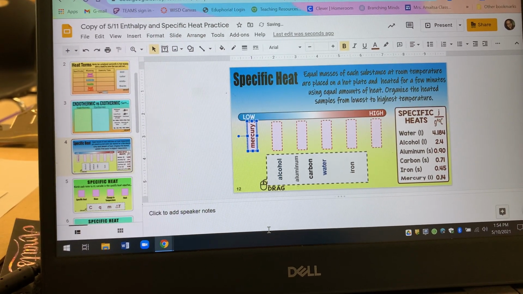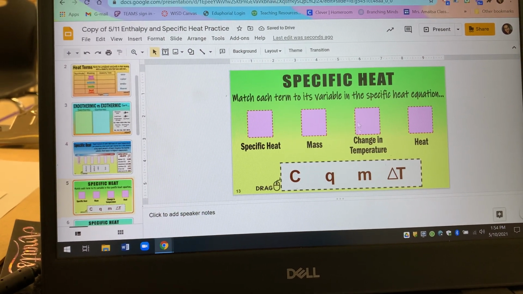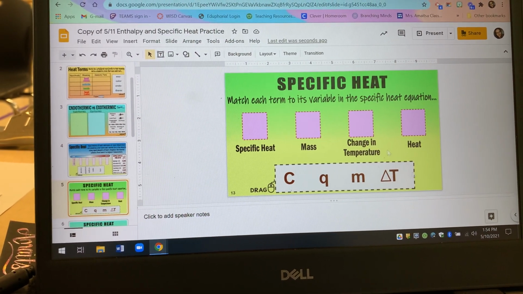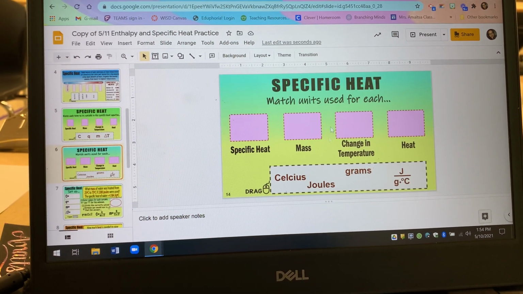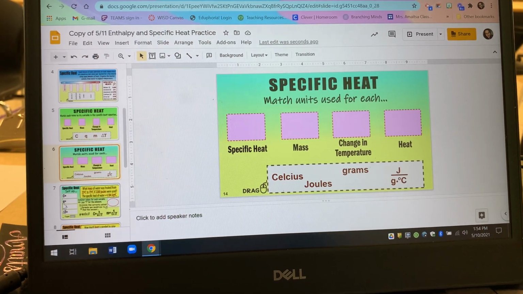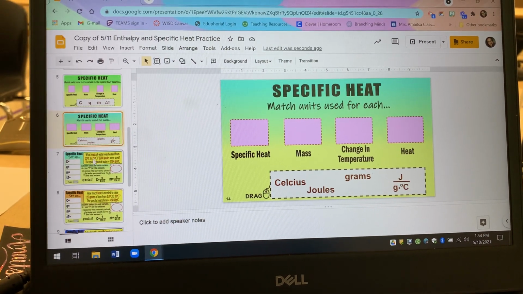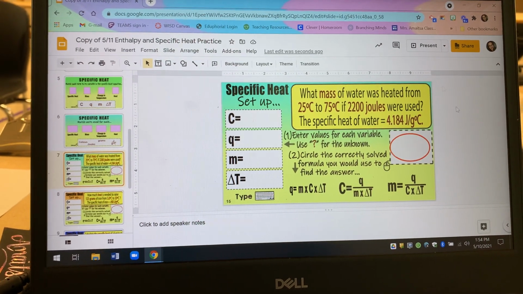Mercury is gonna go right there. So that's what you're doing on this slide. This one is easy. That's based off our specific heat notes, but I'm about to review that in a second. Same for units, what units go for each of these? That would be easy, which brings me to what I wanted to review.